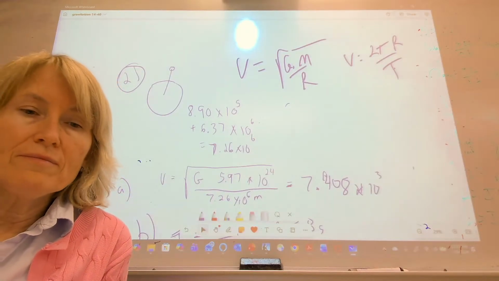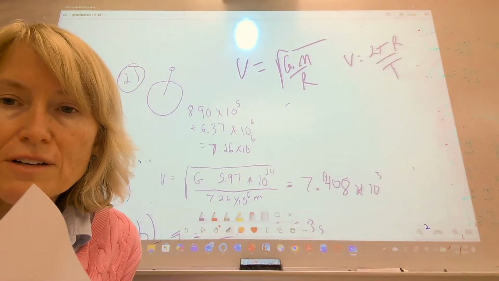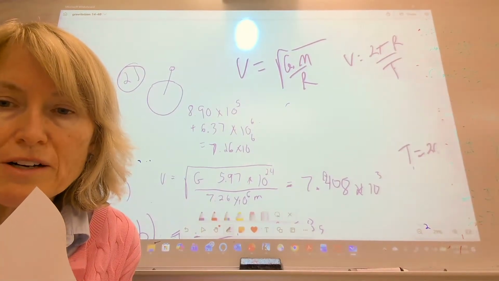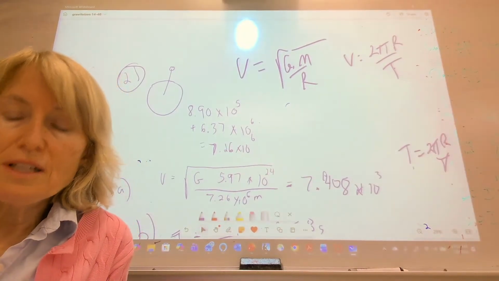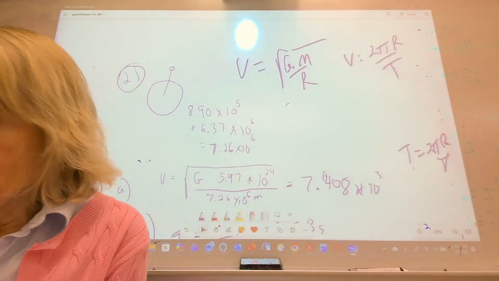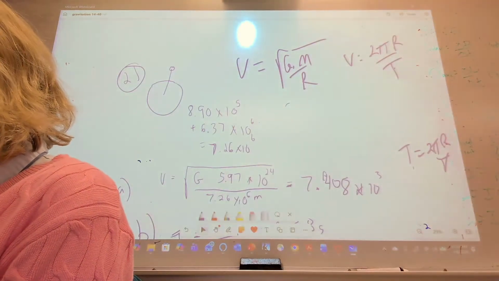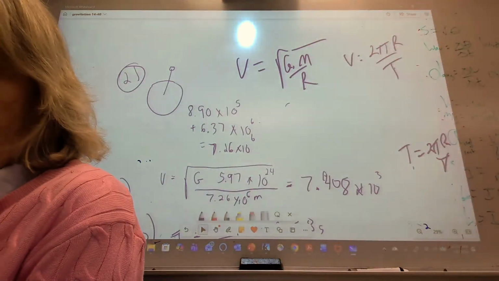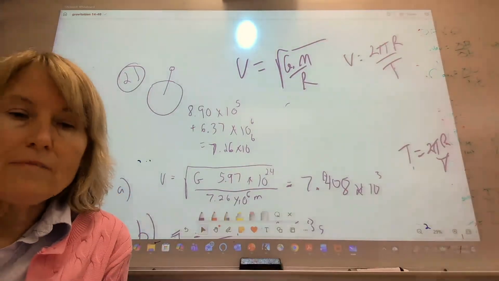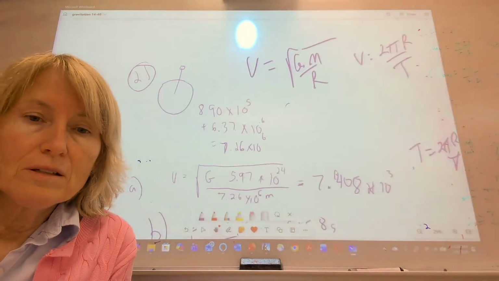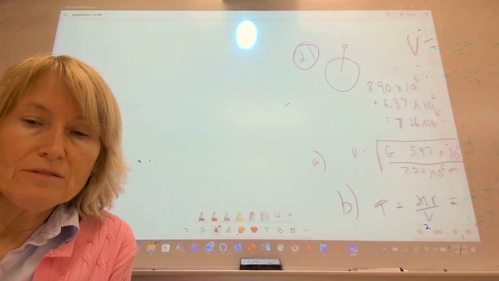Now, in B, we're just isolating our T, so our period is therefore 2 pi r divided by v. So you just enter it in to get your period. So we're just entering it into 2 pi r divided by v.